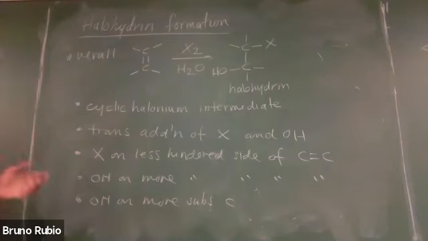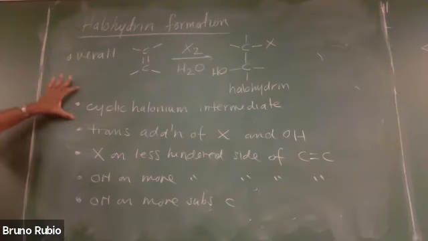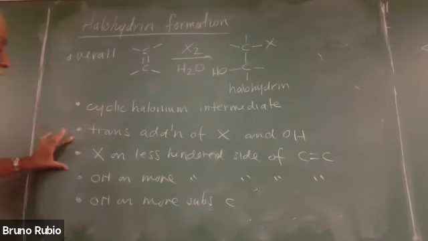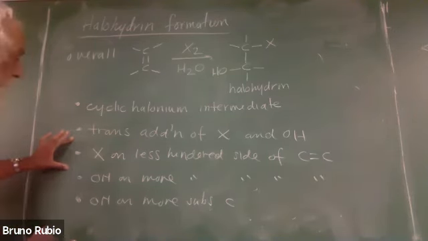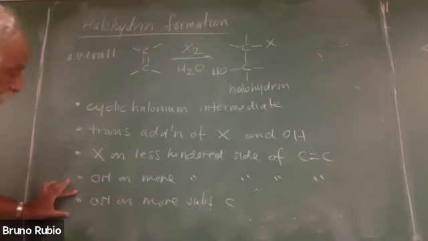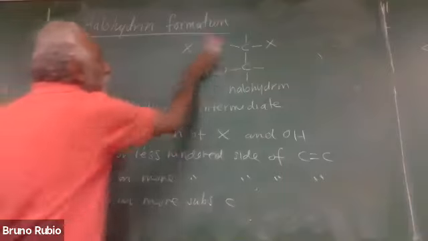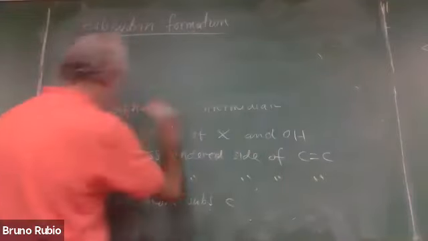All right, so these are the characteristics of this reaction that are explained by the mechanism, which we're going to go through right now. Cyclic halogen intermediate, trans addition, X on less hindered side. That's because that cyclic halogen forms on the less hindered side. OH attacks the more substituted carbon, and OH on the more hindered side.